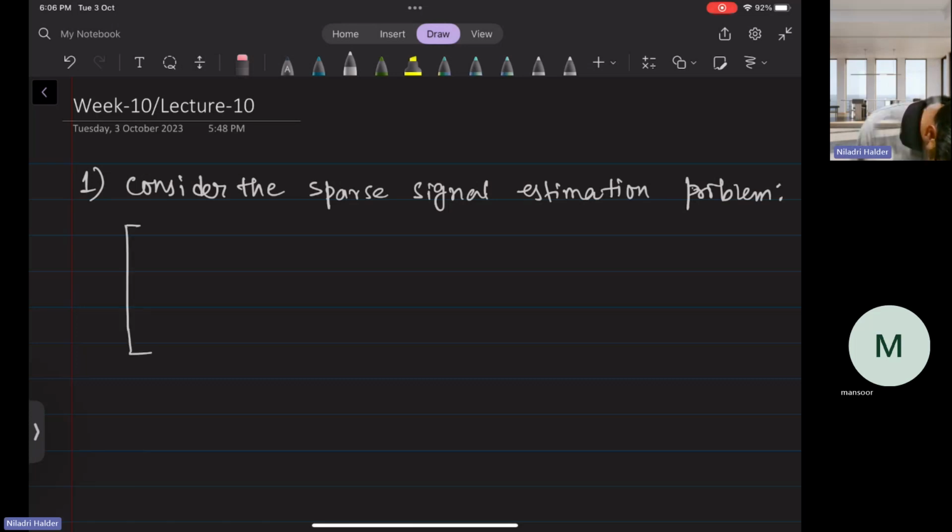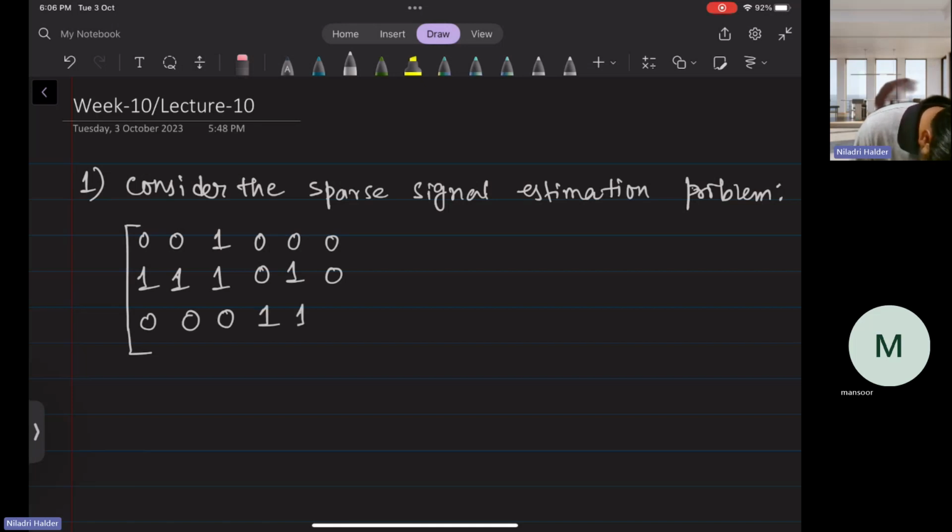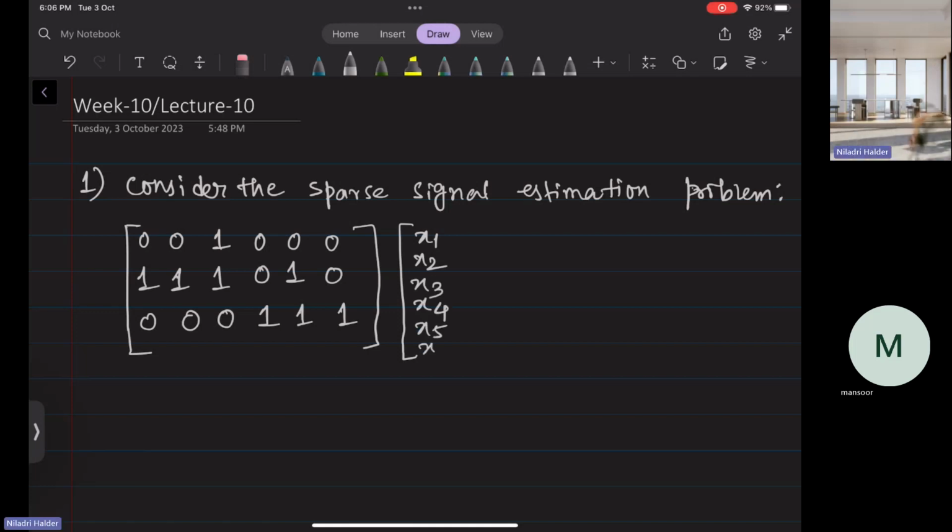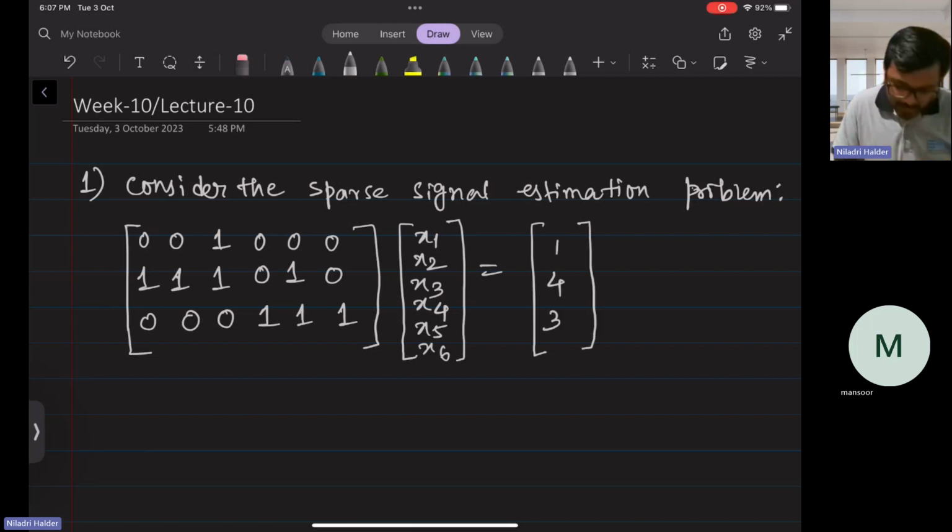Suppose this is the matrix: 0, 0, 1, 0, 0, 0, 1, 1, 0, 1, 0, 0, 0, 0. So this is the sparse signal recovery problem.